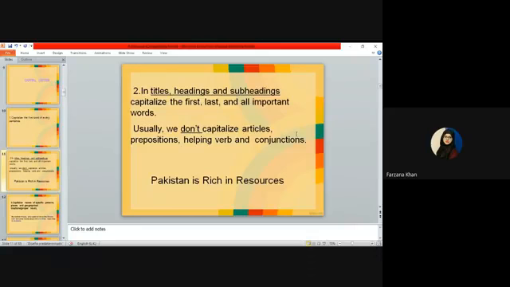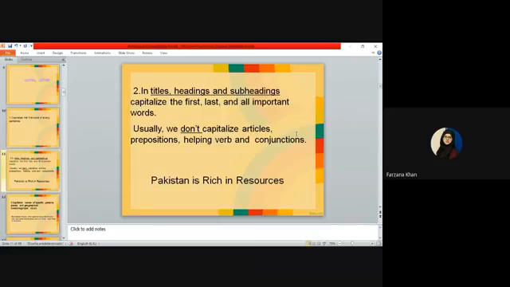According to the standard rules, the proper way of writing headings and subheadings is to go for upper lower case. So what is the rule of upper lower case? Upper lower case means you need to capitalize the first letter of all those words which are important.